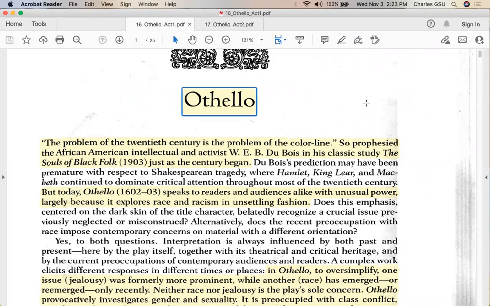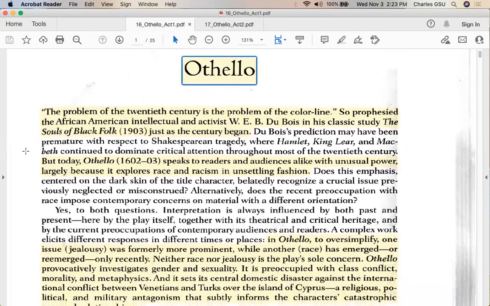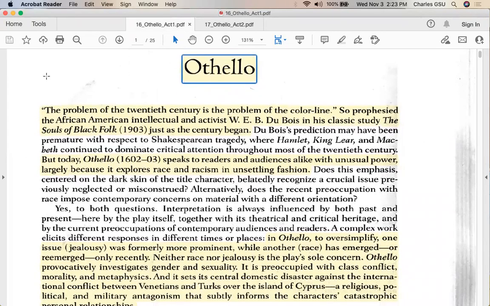So Shakespeare puts kind of front and center the issue of race or color in this play. And of course, Grambling being an HBCU, it's kind of important to think about race in relation to Shakespeare, who's, aside from the Bible, one of the most widely read authors on the planet.